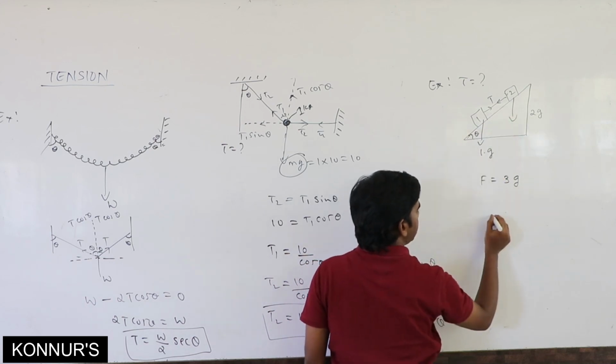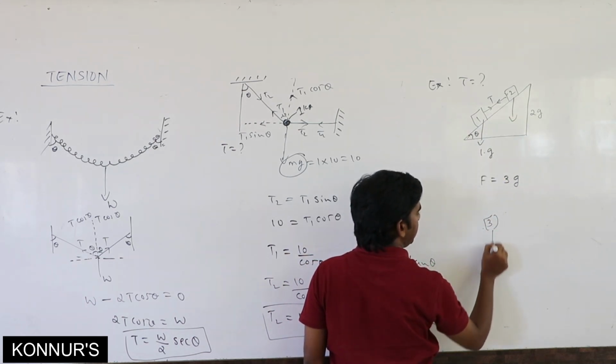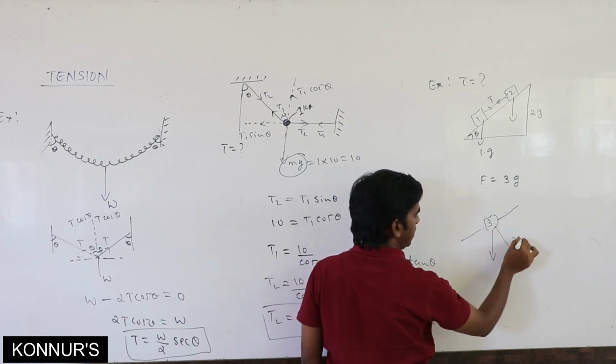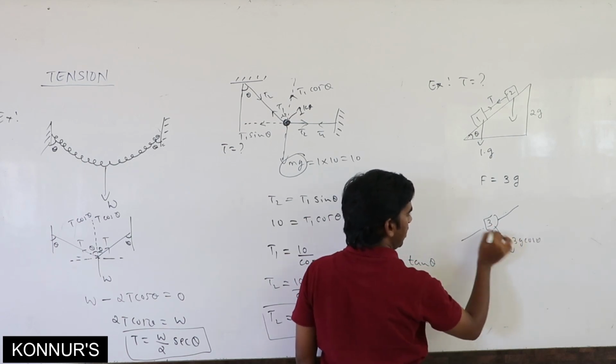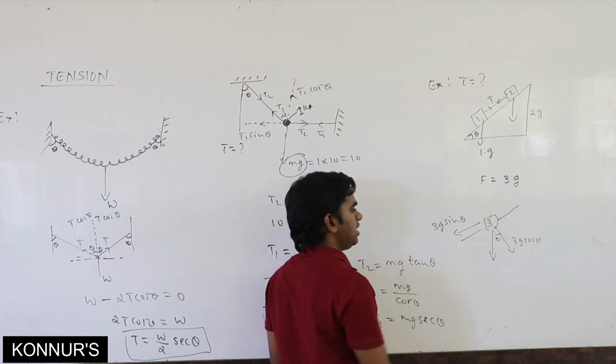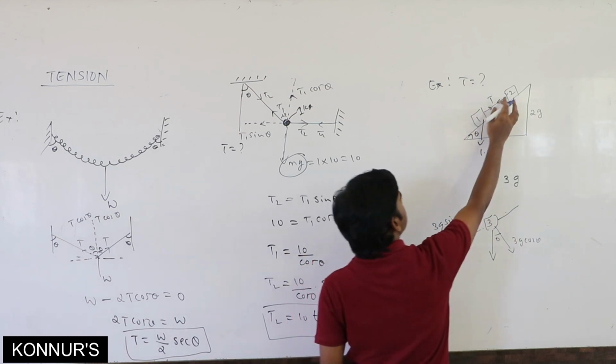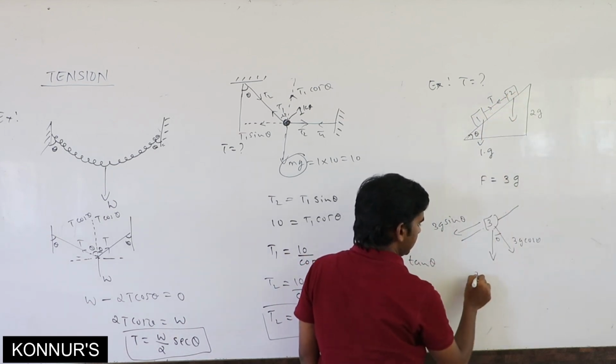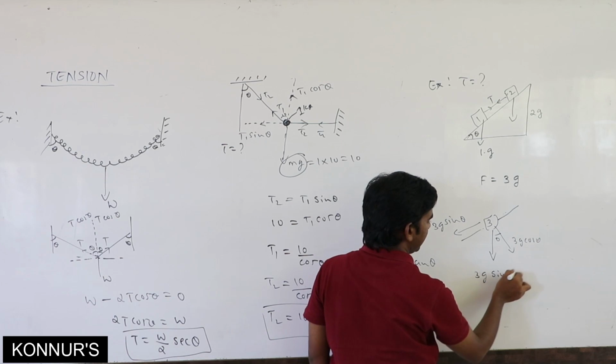If you take this as a whole system, 3 kg, so this is 3g cos theta, and this is 3g sin theta. So what is the net force acting on the system? It is 3g sin theta.